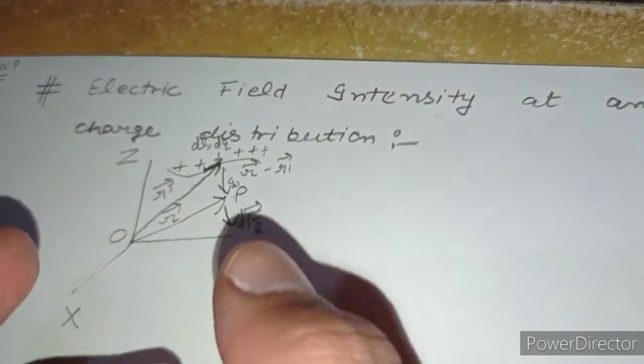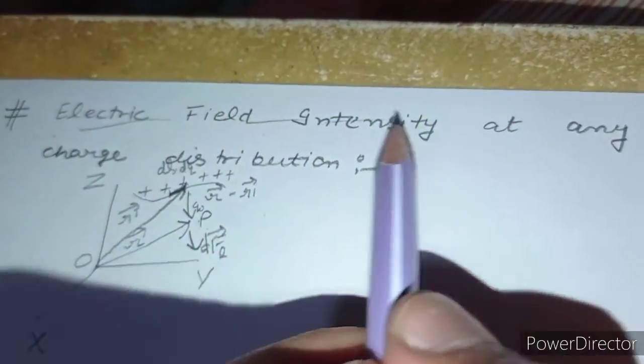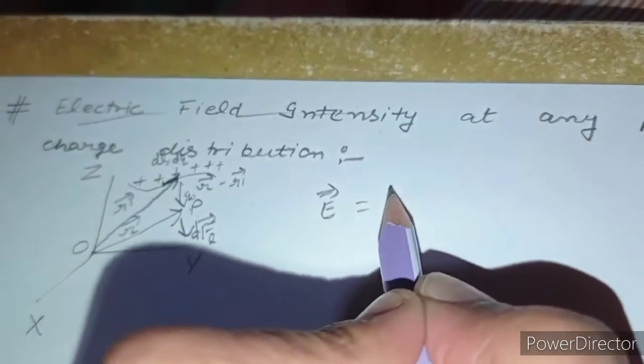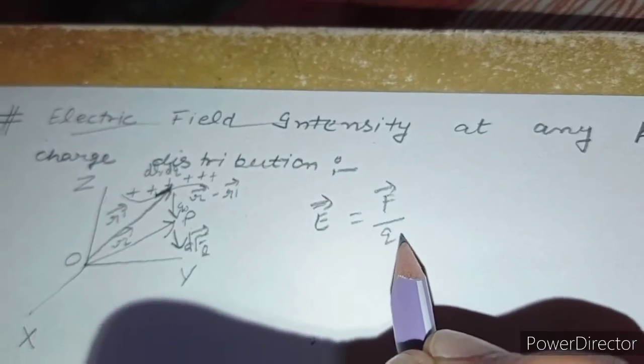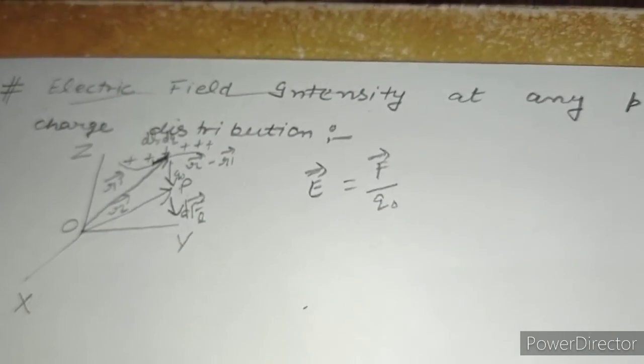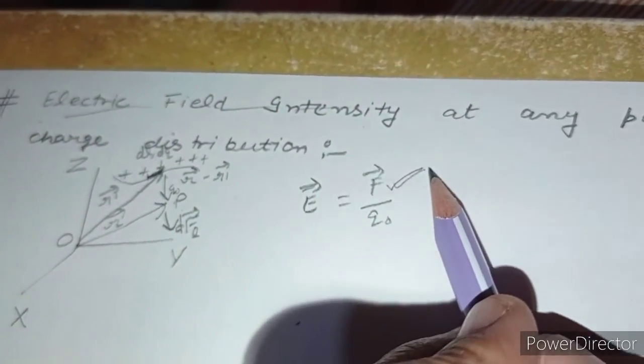Now we have to calculate the electric field intensity. In the previous lecture you studied that the formula for electric field intensity is F over q naught. So in order to calculate it, we will calculate the force by applying Coulomb's law.